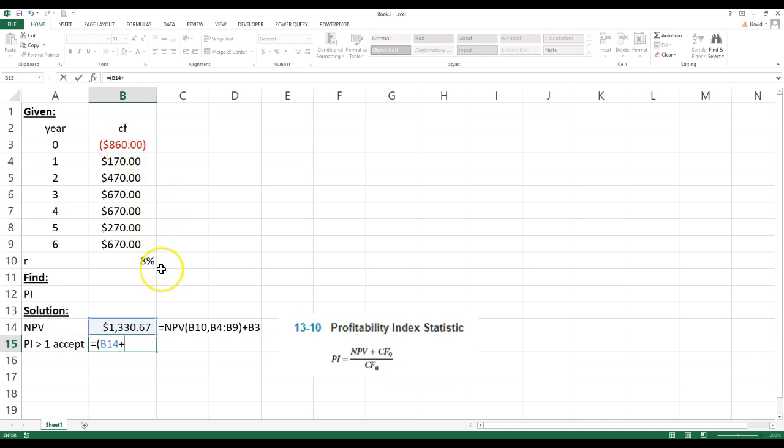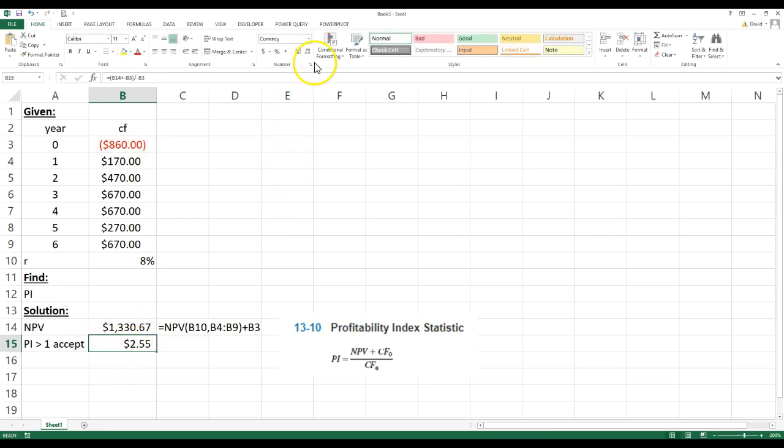Since I have it negative up here, I'm going to put a negative in front of this to make that positive. Then you go divided by, and again the cash flow at 0 on the bottom, and again I want that to be a positive cash flow, so I'm going to put a negative in front of this, and that's going to give us a profitability index.